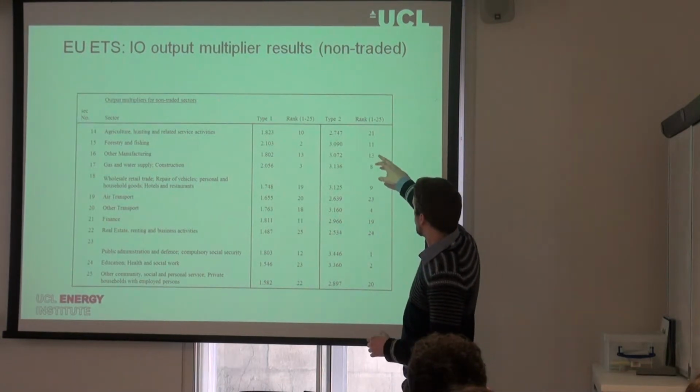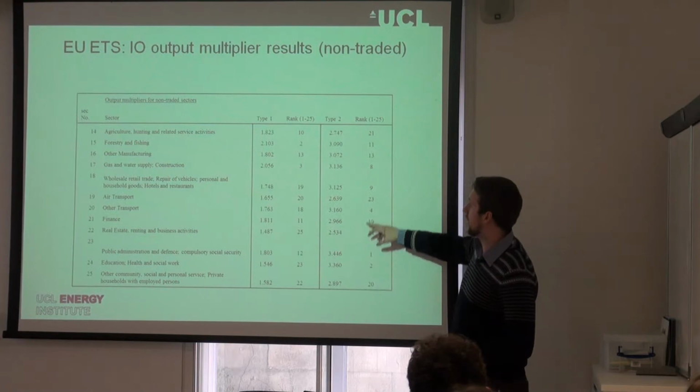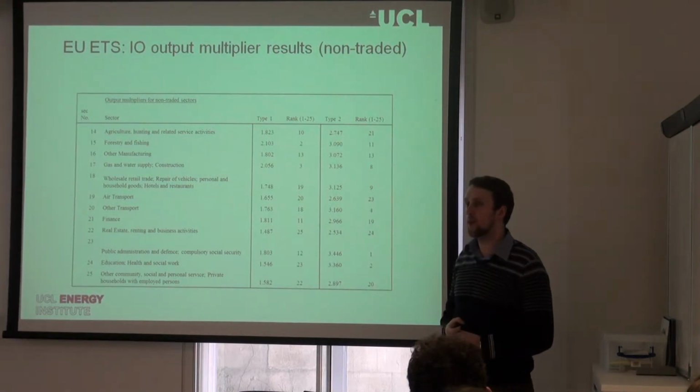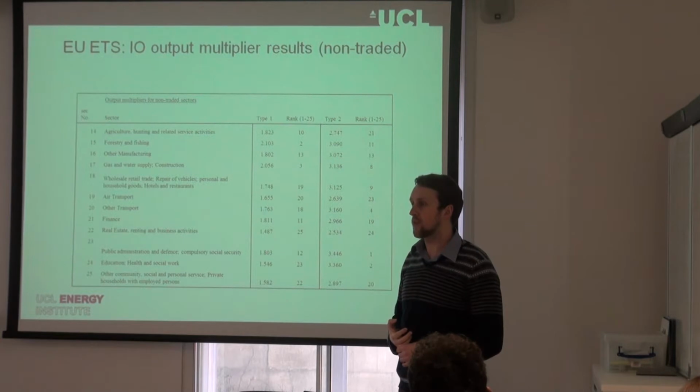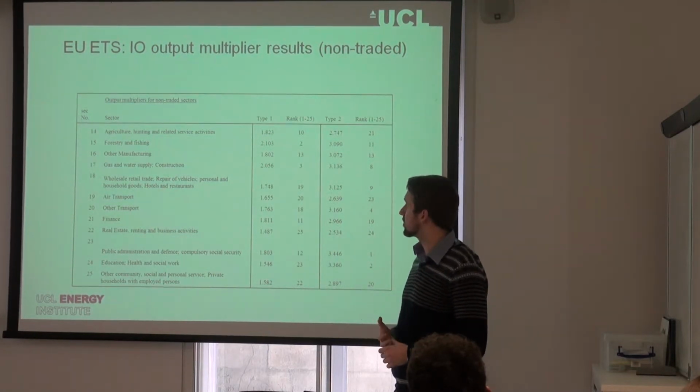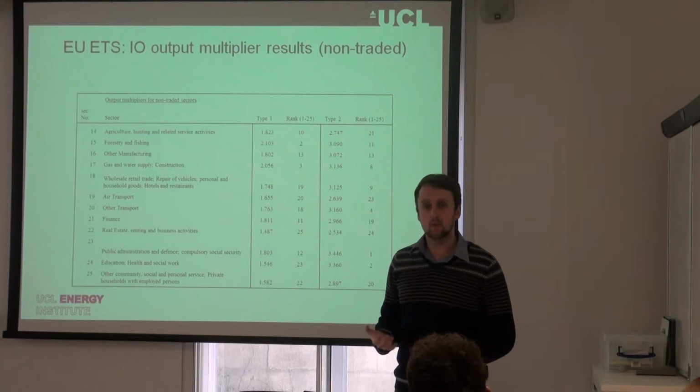But when you endogenize households, they tend to be a lot more labour intensive, these types of sectors, which makes sense. You would expect the largest emitting sectors to be more capital intensive, and you would expect service sectors and so on to be more labour intensive.